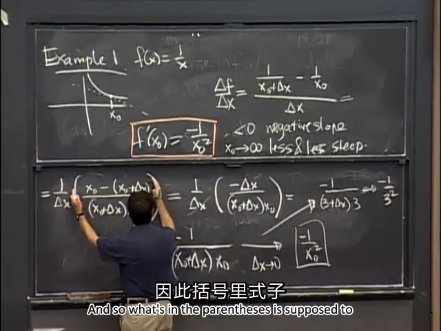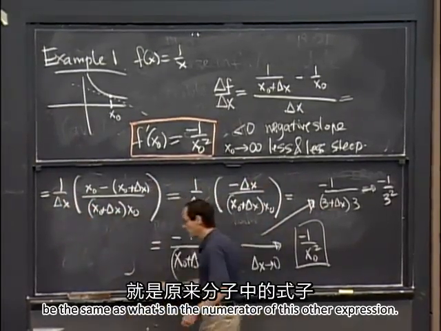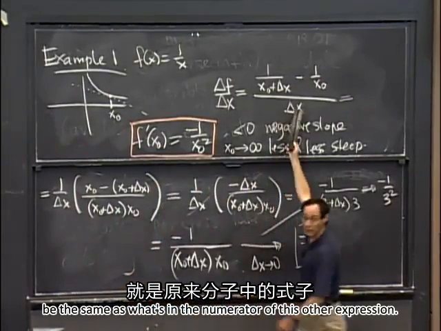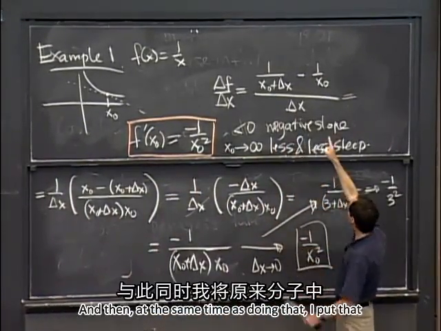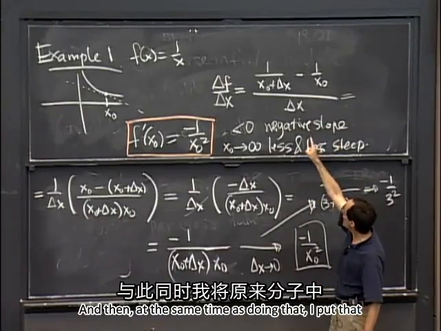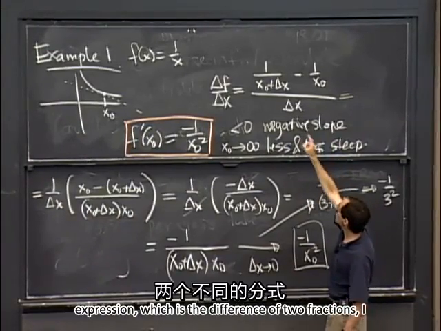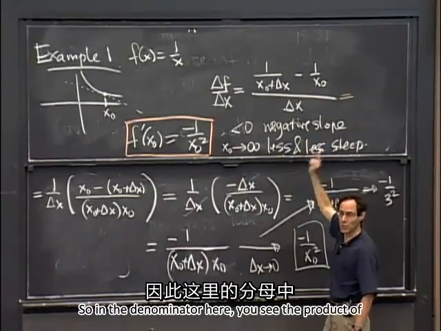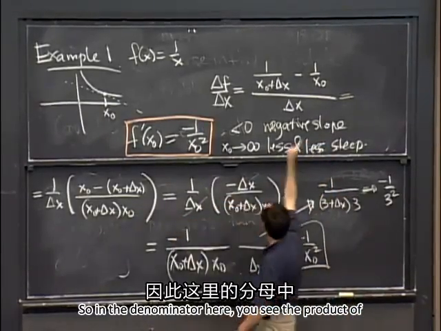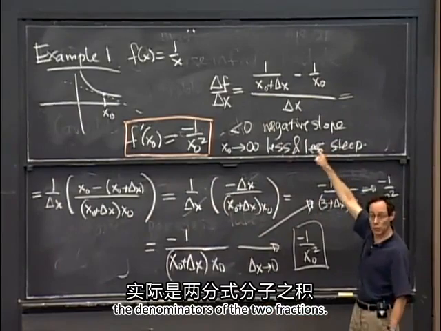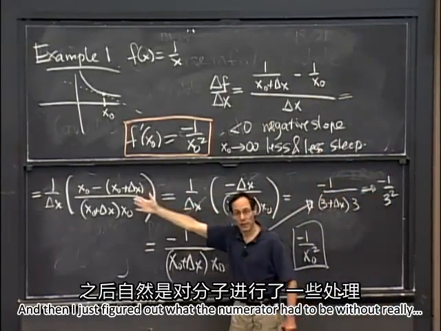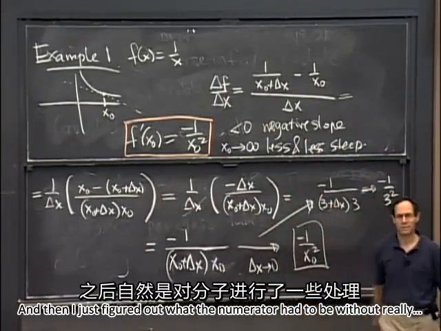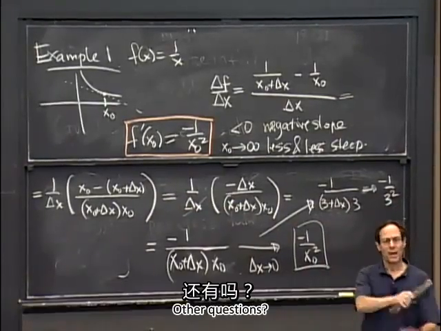And so what's in the parentheses is supposed to be the same as what's in the numerator of this other expression. And then, at the same time as doing that, I put that expression, which is a difference of two fractions, I expressed it with a common denominator. So in the denominator here, you see the product of the denominators of the two fractions, and then I just figured out what the numerator had to be. Other questions?